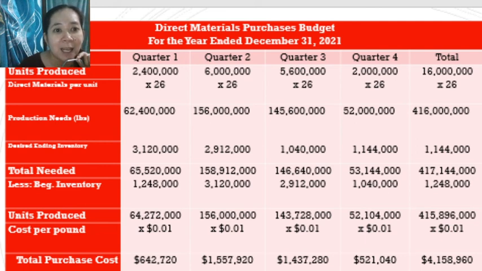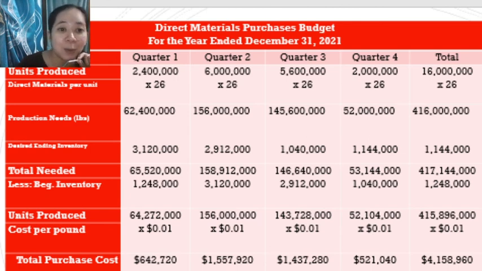And then for our beginning inventory, our beginning inventory is the ending inventory of the previous year. So this beginning inventory here is based on 62,400,000 times 2%. Okay, so if you could check that, that's 62,400,000 times 2%.